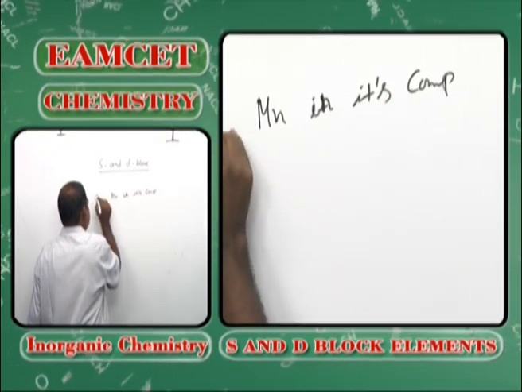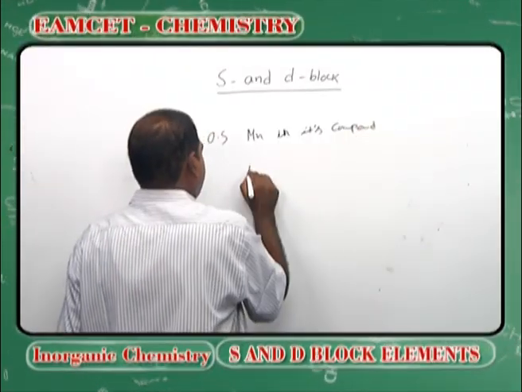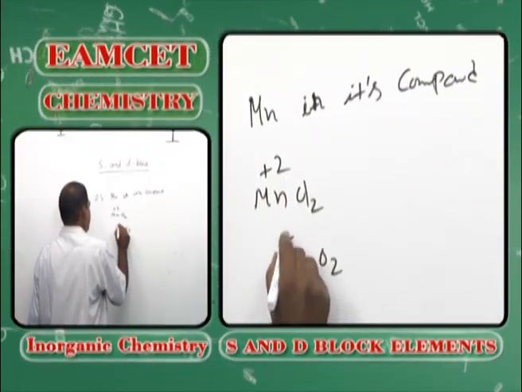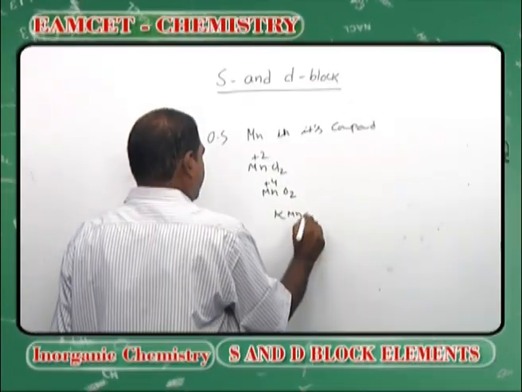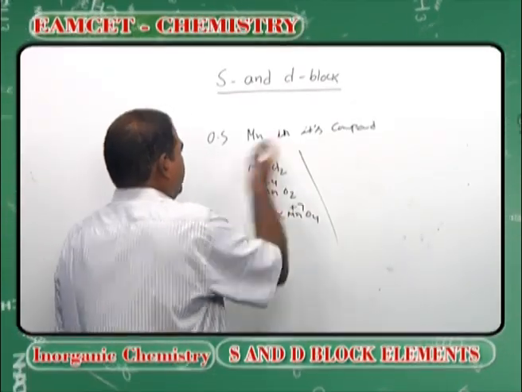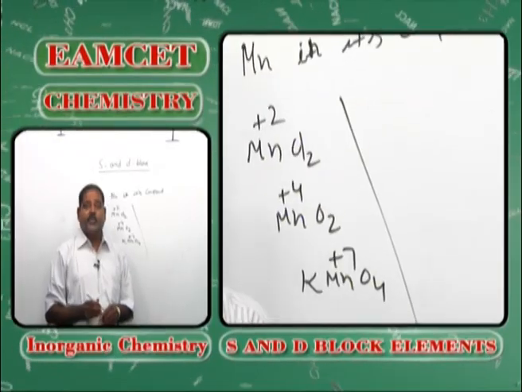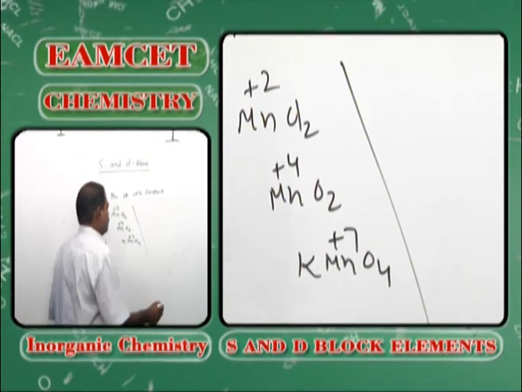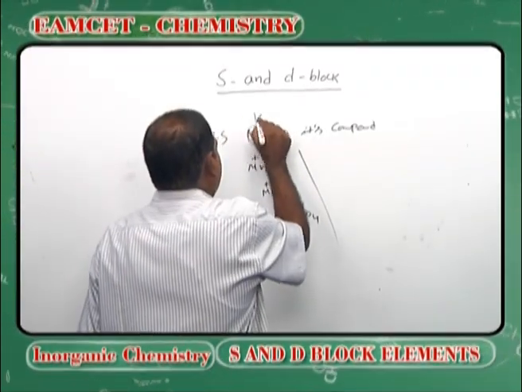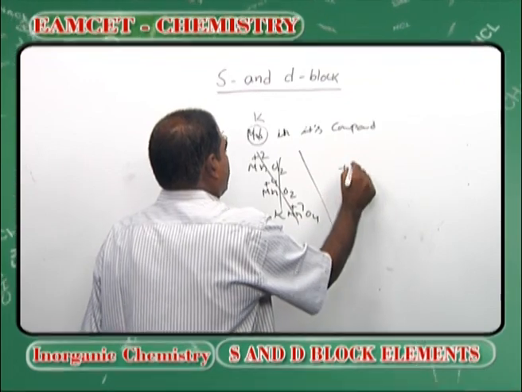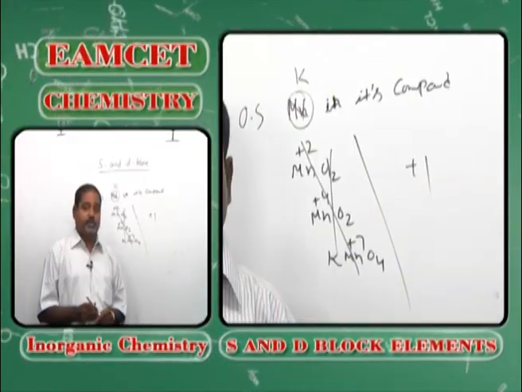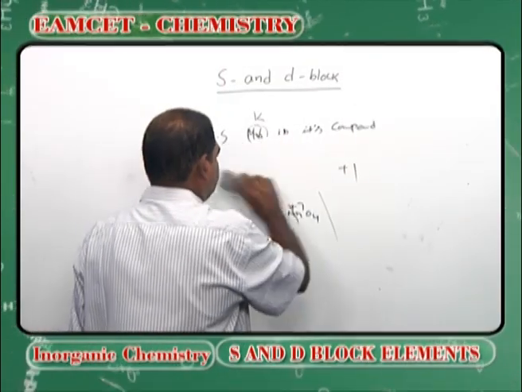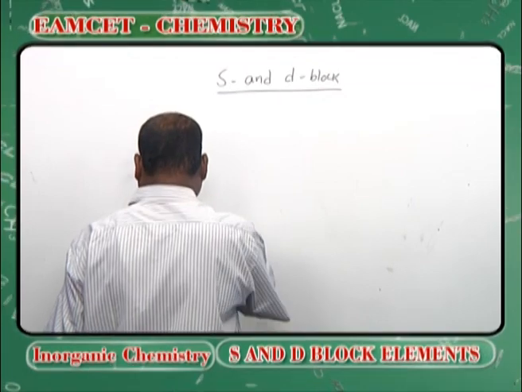In MnCl2 it is +2, in MnO2 it is +4, and in KMnO4 it is +7. So, how can anybody answer what is the oxidation state of manganese in its compounds? It depends on which compound. But if somebody asks what is the oxidation state of potassium in its compounds, it is always +1. We can guarantee the oxidation states of 1 and 2, but there is no guarantee for transition metals. So, they have variable oxidation states.